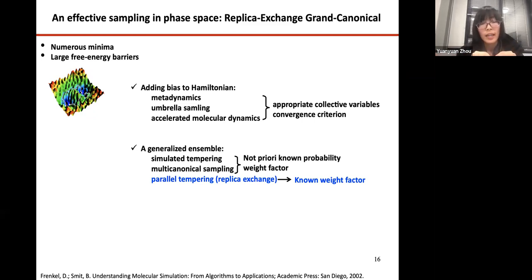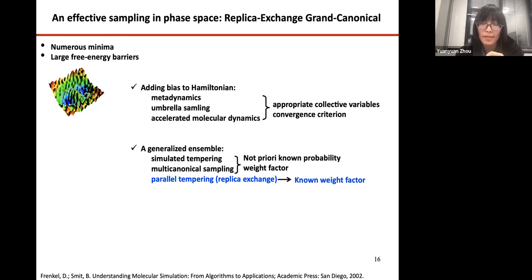The second category is to build a generalized ensemble. A generalized ensemble is to overcome the kinetic barrier to sampling the potential energy, enhancing the sampling by sampling a broader potential energy. Methods in this category are simulated tempering, multicanonical sampling, and parallel tempering, also referred to as replica exchange.